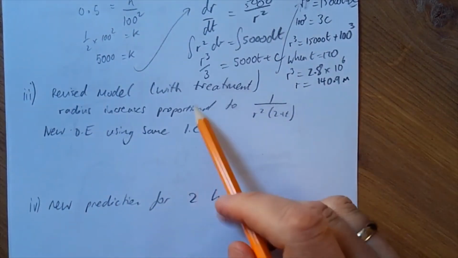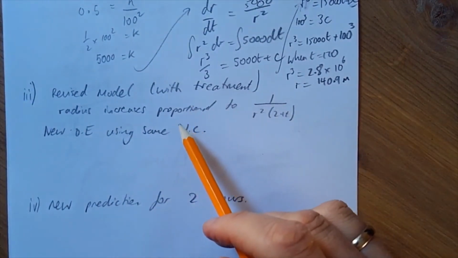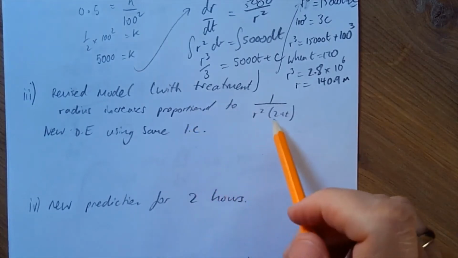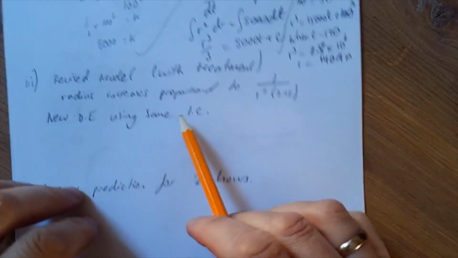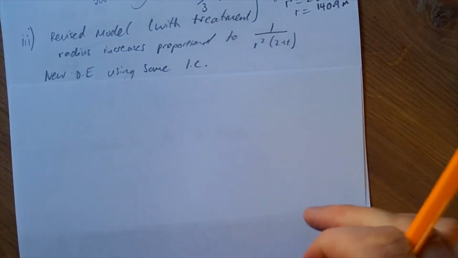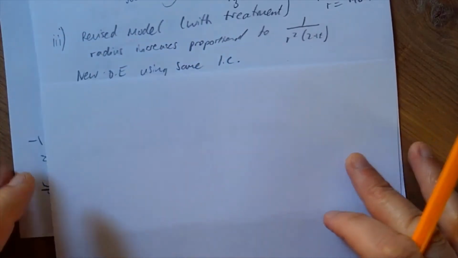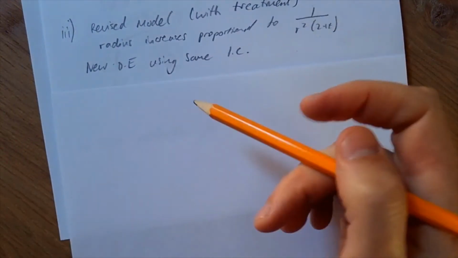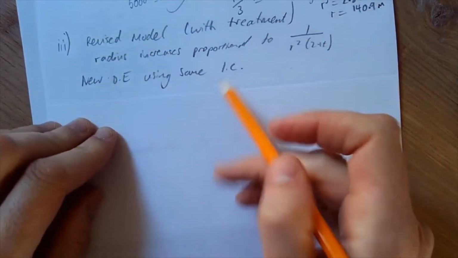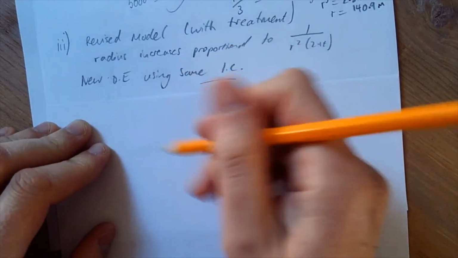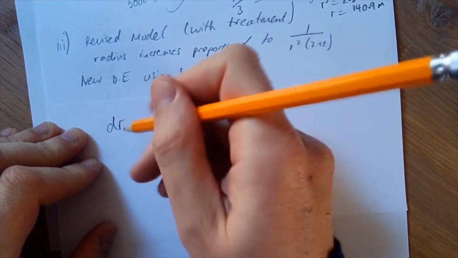Right. Revised model with treatment. Radius increases proportional to that. New differential equation. Right. Let's do this on a separate piece of paper, because this might be a bit more tricky. Same initial conditions. So, here we go.